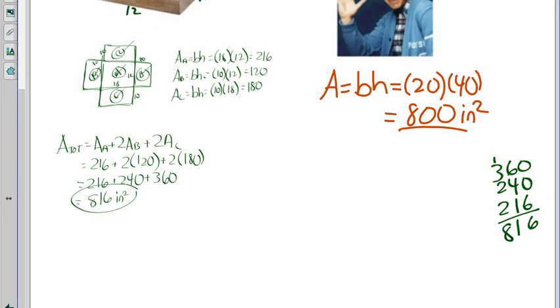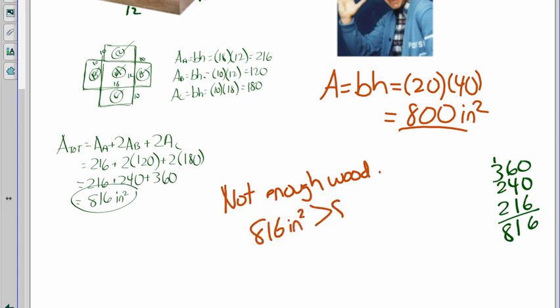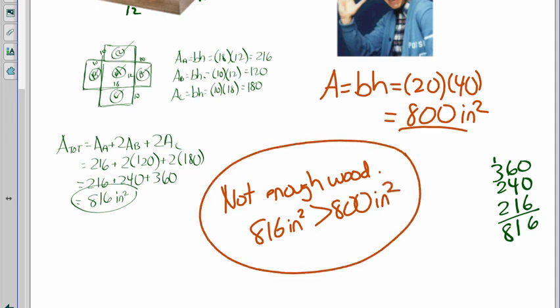He doesn't have enough wood. So not enough wood. 816 inches squared is greater than 800 inches squared. Sorry, Potsy.